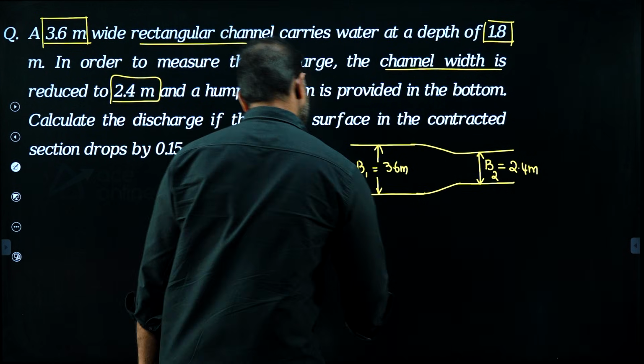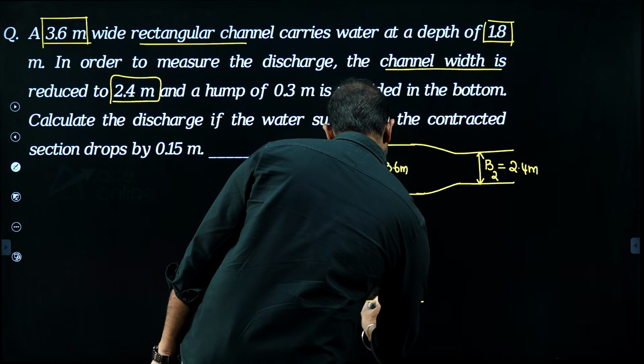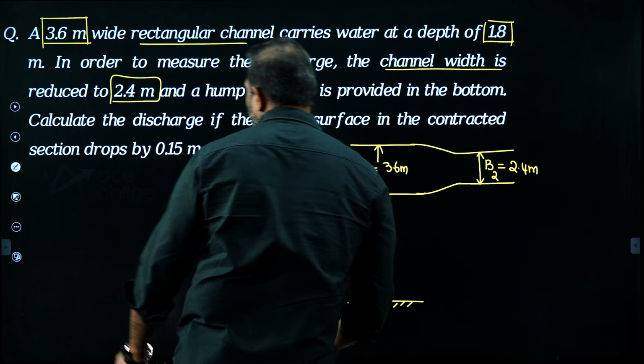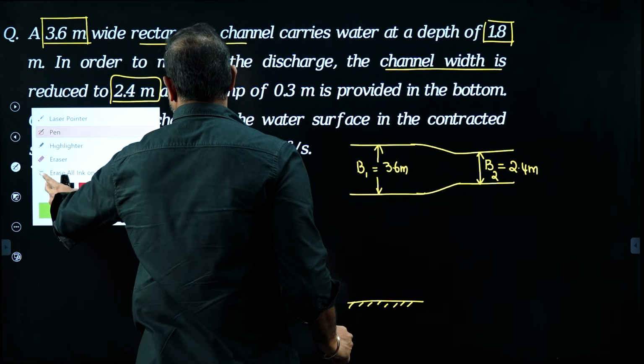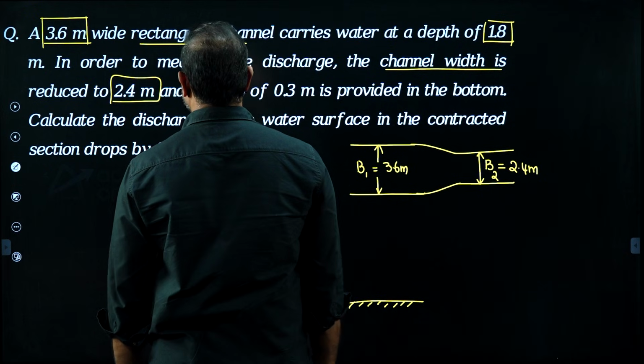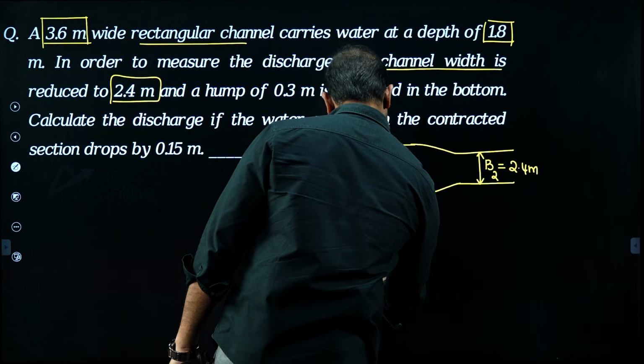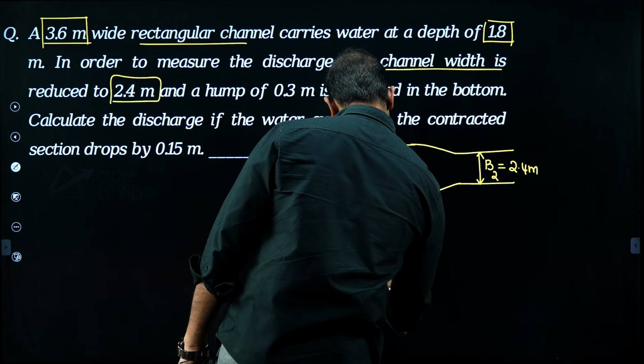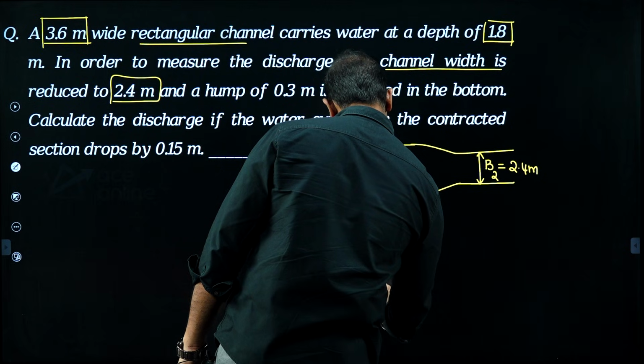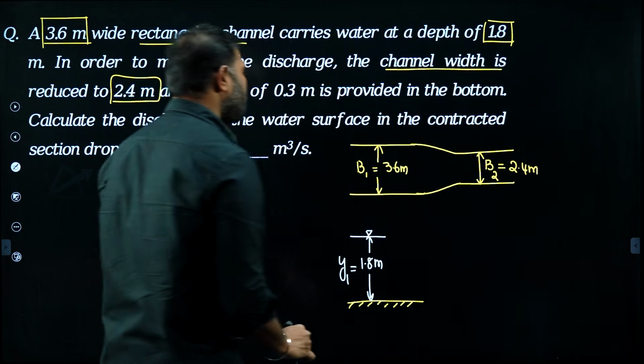Now, before this transition, whatever the depth of the flow, the initial depth of the flow is given as how much? 1.8 meters. So y1 is given as 1.8 meters.